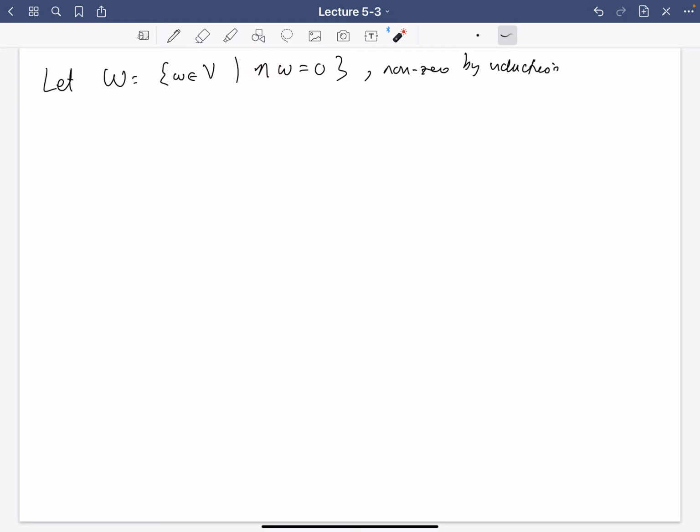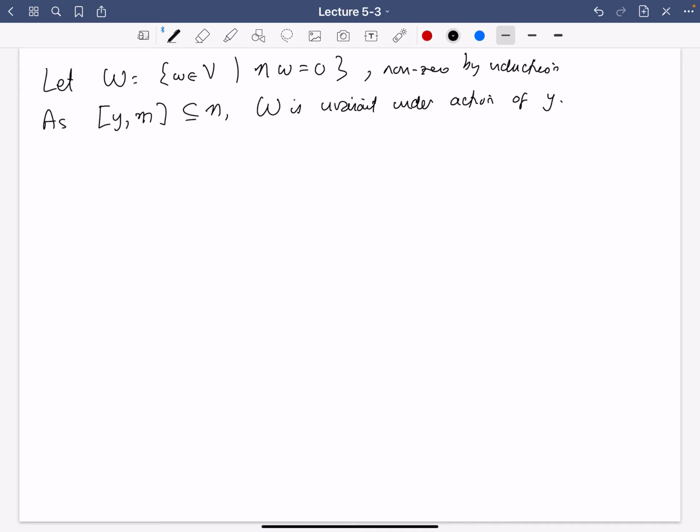And n is of dimension smaller than G. So here's this non-zero subspace of V on which n acts as 0. As the bracket of y and n lies in n, W is actually invariant under the action of y.